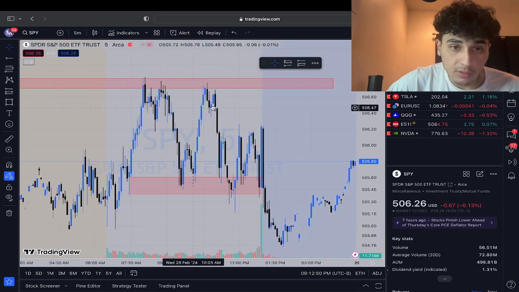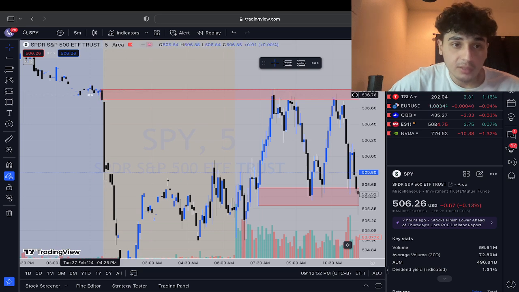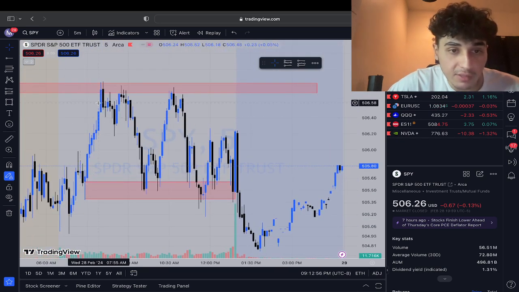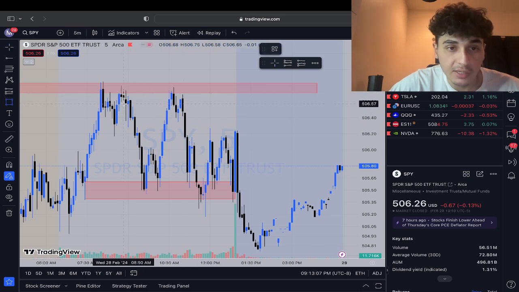Now you can also see here, if I weren't to use this pre-market and I were to wait for, for example, this move to the downside here, what I could do is trace out this area. You see this large move to the downside.